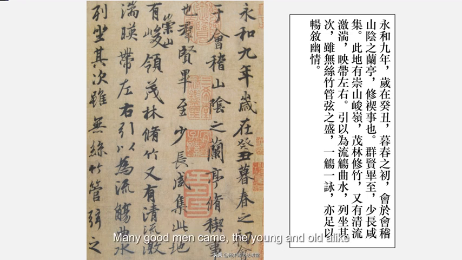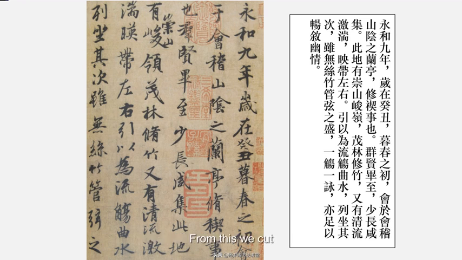Many good men came, the young and old alike. The place was one of mighty mountains and towering ridges covered with lush forests and tall bamboos, where a clear stream with swirling edges cast back a sparkling light upon both shores.